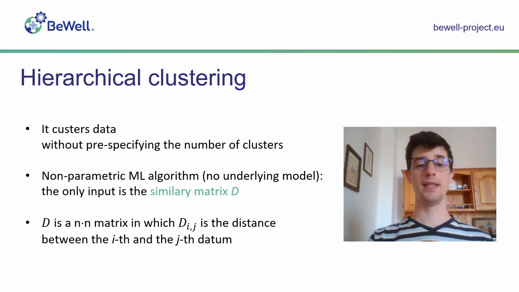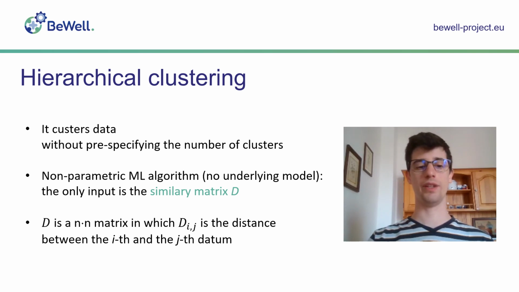Hierarchical clustering is a non-parametric clustering algorithm which does not pre-specify the number of clusters. The only input required is a similarity matrix. A similarity matrix is defined to be a square matrix of size n, which is the number of objects to be clustered.